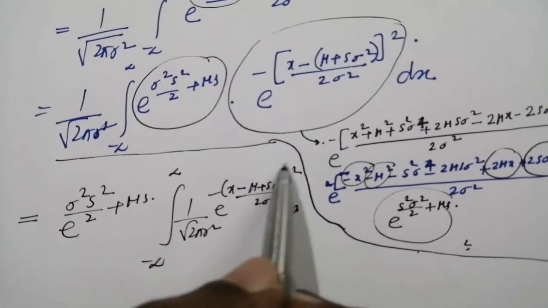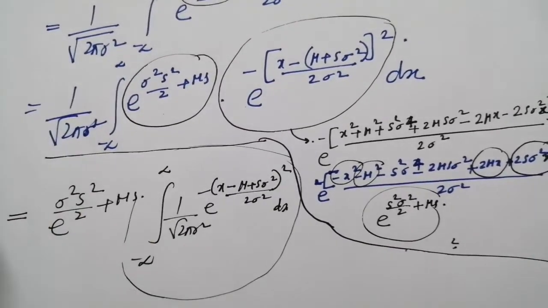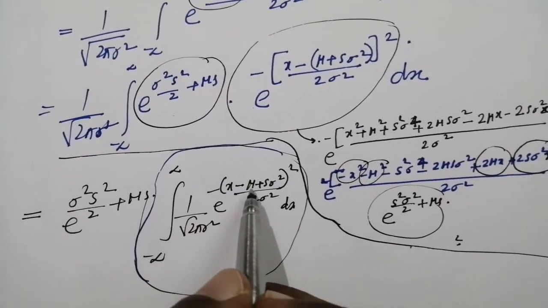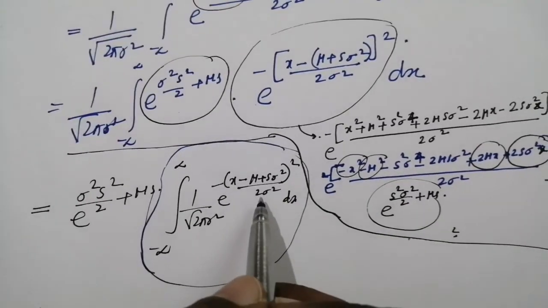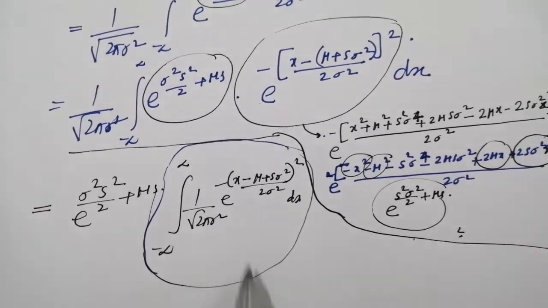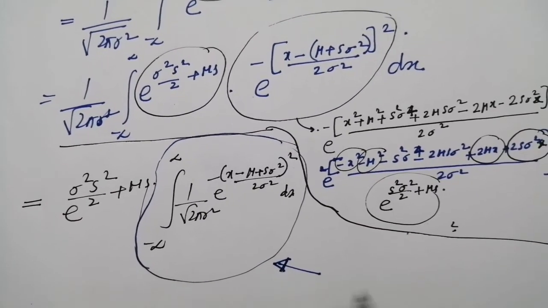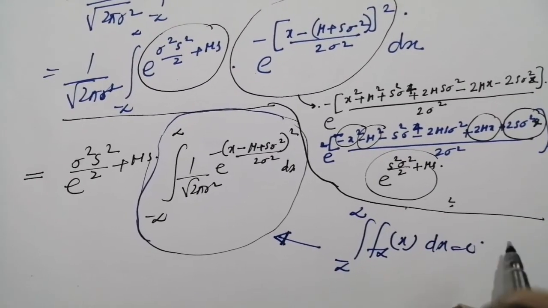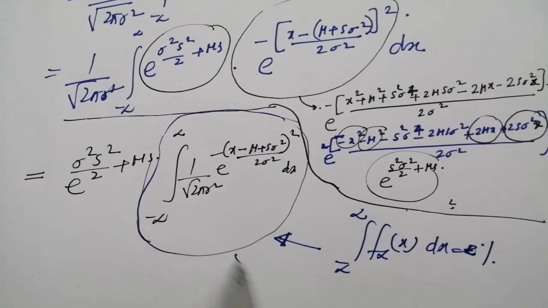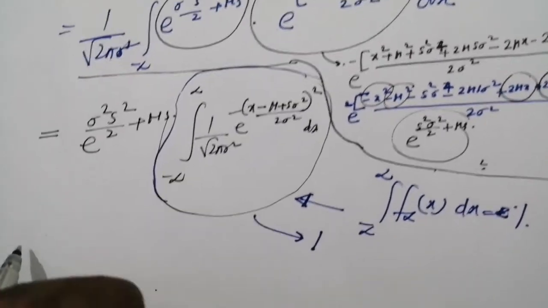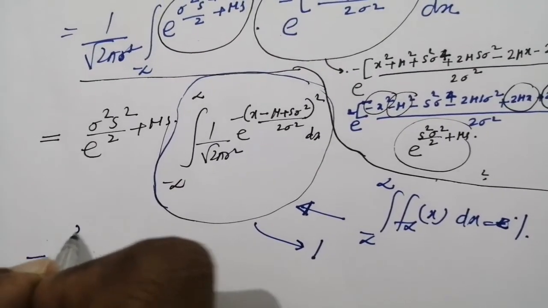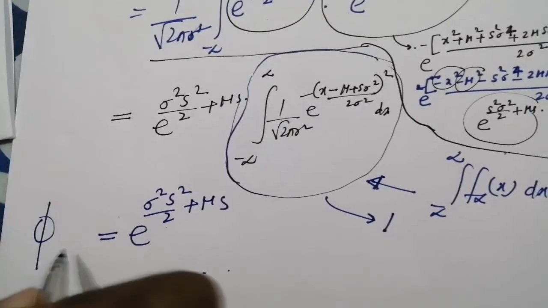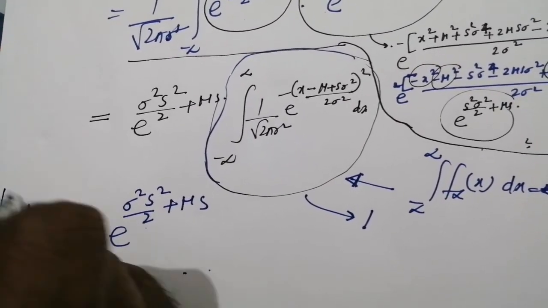So we can say that this is also Gaussian, with mean mu plus s sigma square and variance sigma square. We know that integral of fx of x dx will be equal to 1. So the term left will be e raised to sigma square s square by 2 plus mu s. This is the moment generating function for Gaussian random variable.